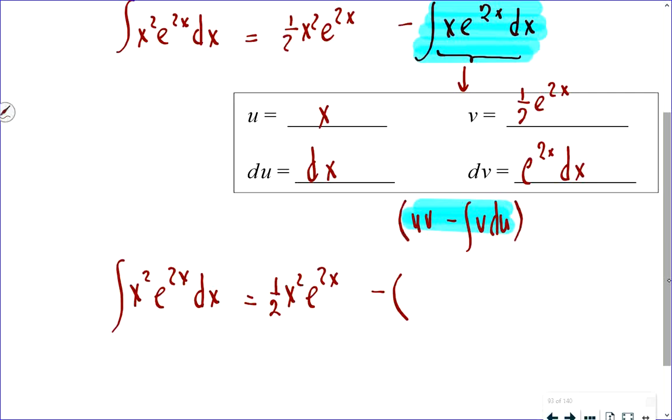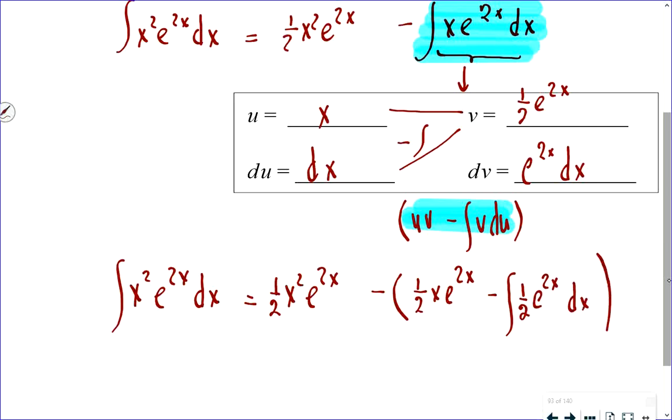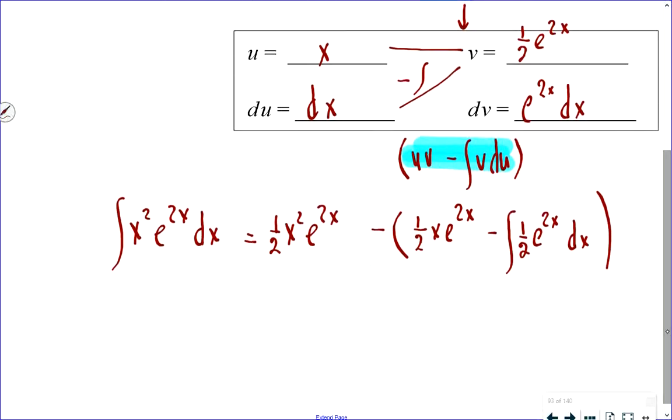This whole integral is that thing that I've got highlighted here in the middle of the screen. uv will be the product of these, which is 1/2 x e to the 2x minus the integral of the product of those, which is 1/2 e to the 2x dx. It's no different than when you subtract anything that has multiple terms. You put that thing in brackets.